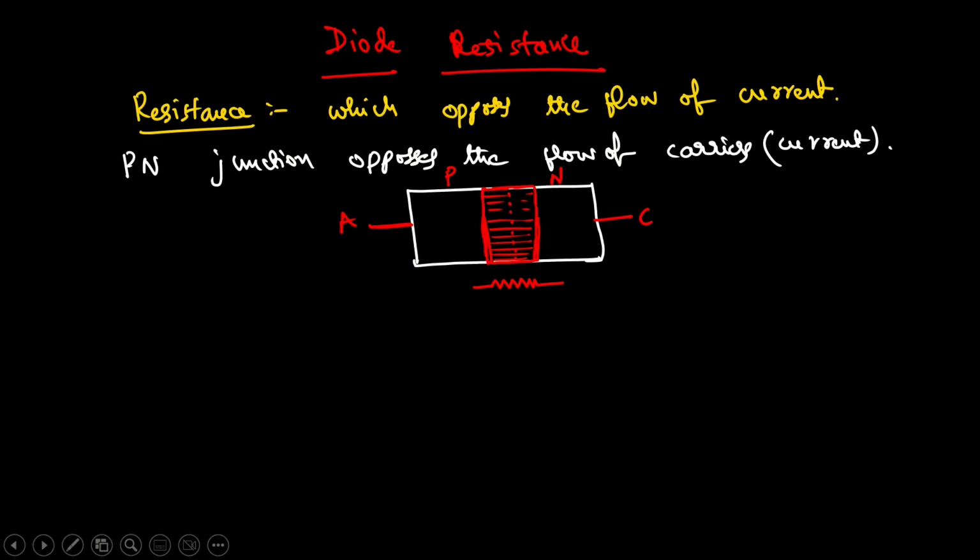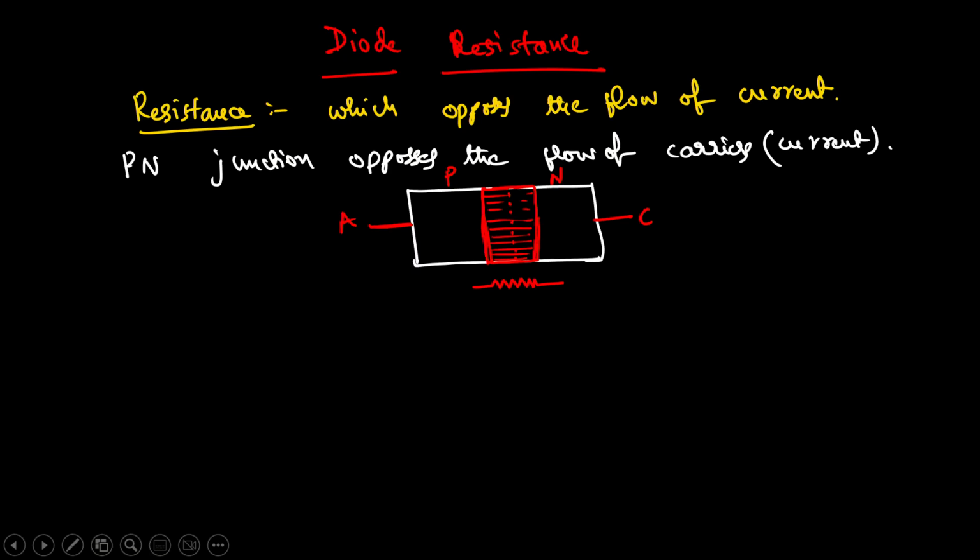This resistance is also called a distributed resistance because it is not physically connected. The device offers the property of opposing the flow of charge carriers. That's why we can write that it acts as a resistance only. So this type of resistance is also called distributed resistance.